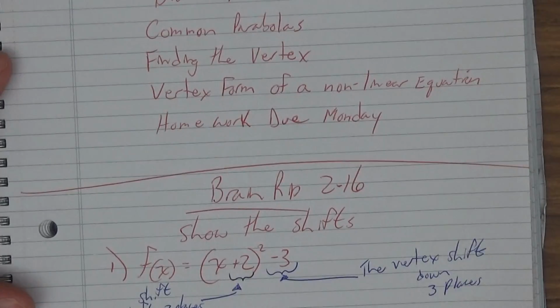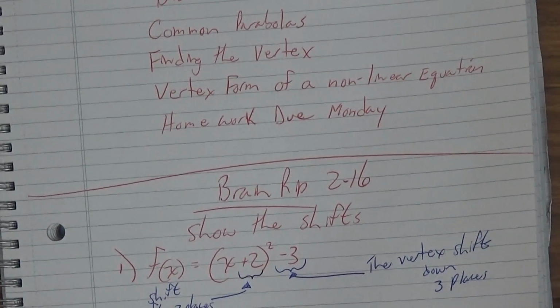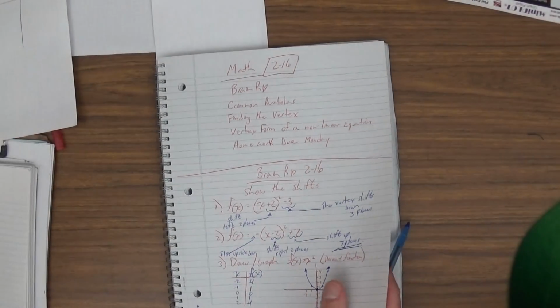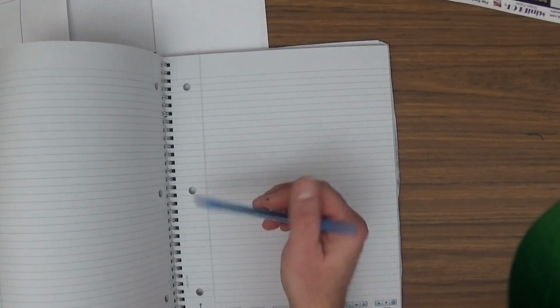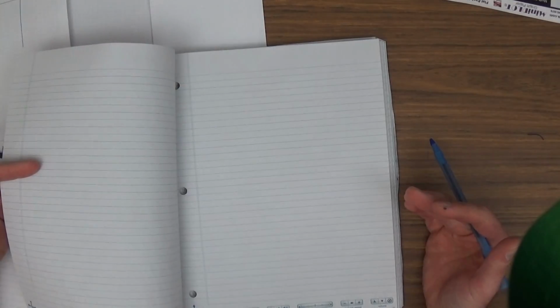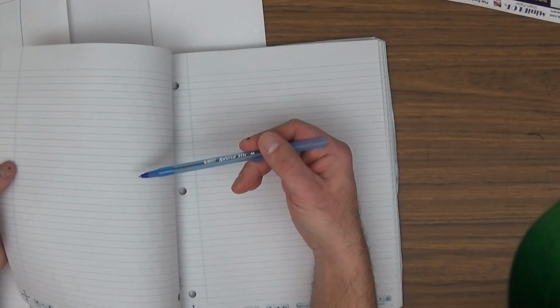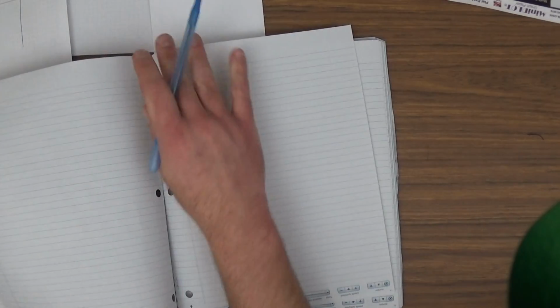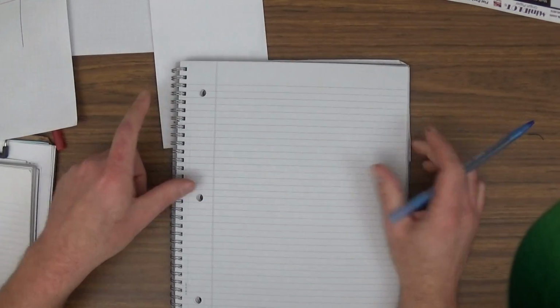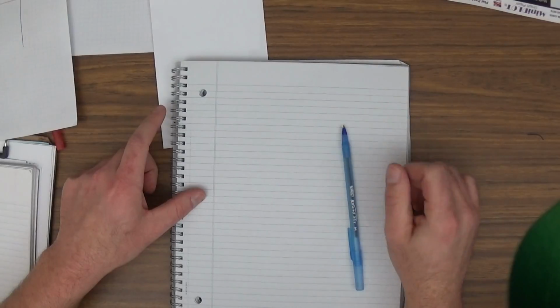So in our notebooks, can we flip a page from the brain rip? All right, 1 page, Ryan. Don't just pick a random page. Leave that one blank. This one, let's write on this one. Okay? I'm going to pause this for a second and find out how long I've been going.